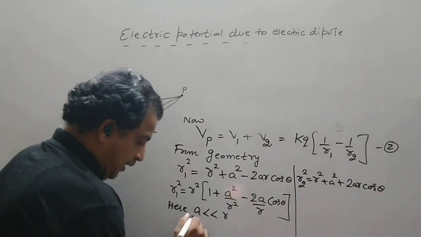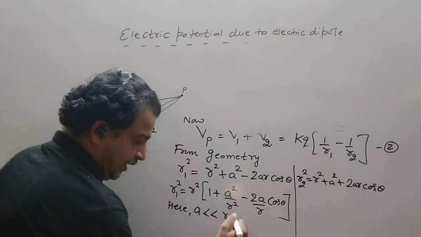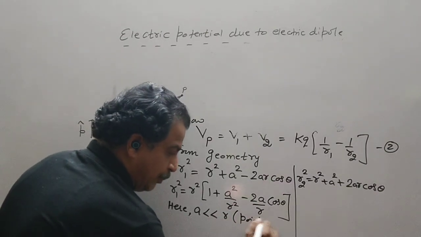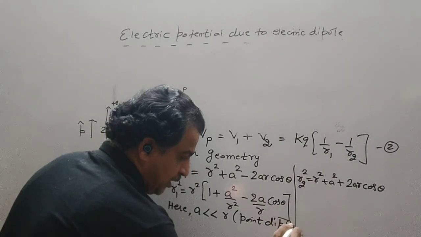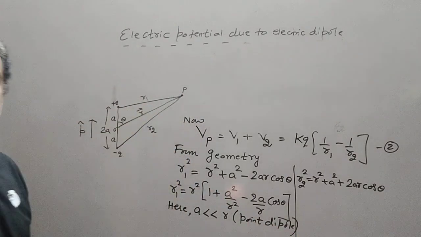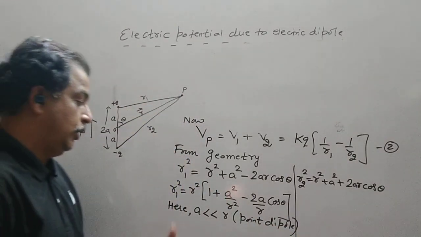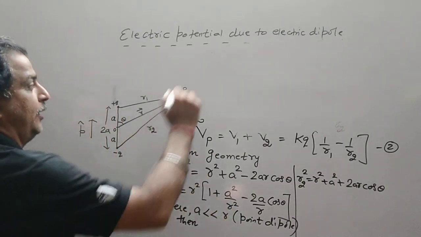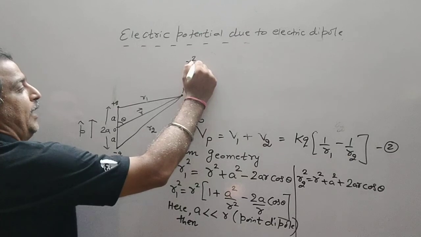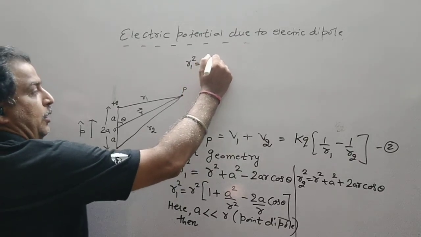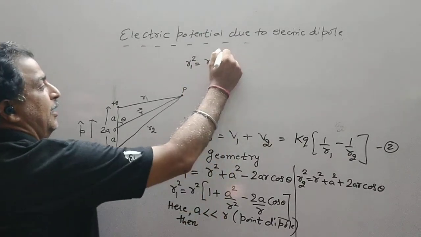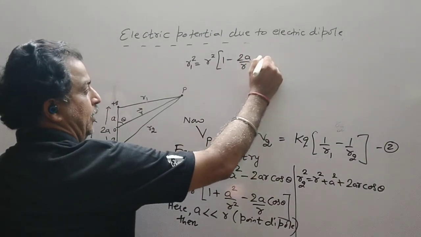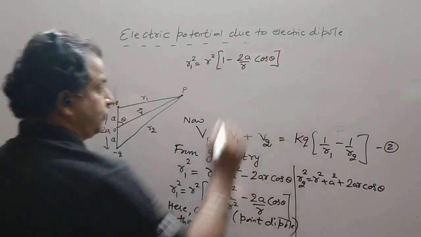So here we assume A less than R, that is point dipole. If the distance between two charges tends to 0, it is called a point dipole. Then this term is neglected. So R1 square is equal to R square times 1 minus 2A upon R cos theta.